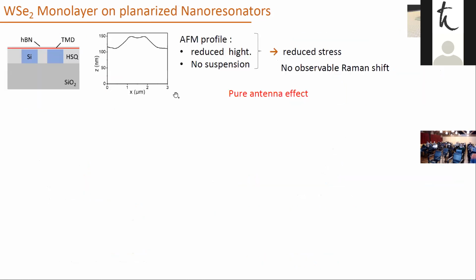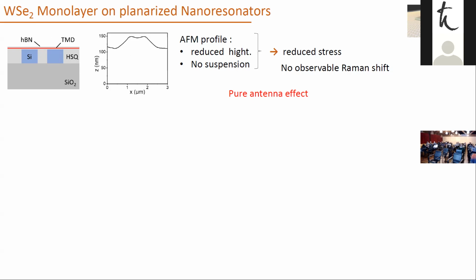Okay, so let's switch now to the planarized case. We just deposited HSQ resist over the antenna that filled all the gap, and again the hBN and the TMD deposits. We see that the AFM profile is completely different with a much reduced height, and there is no TMD which is suspended now.